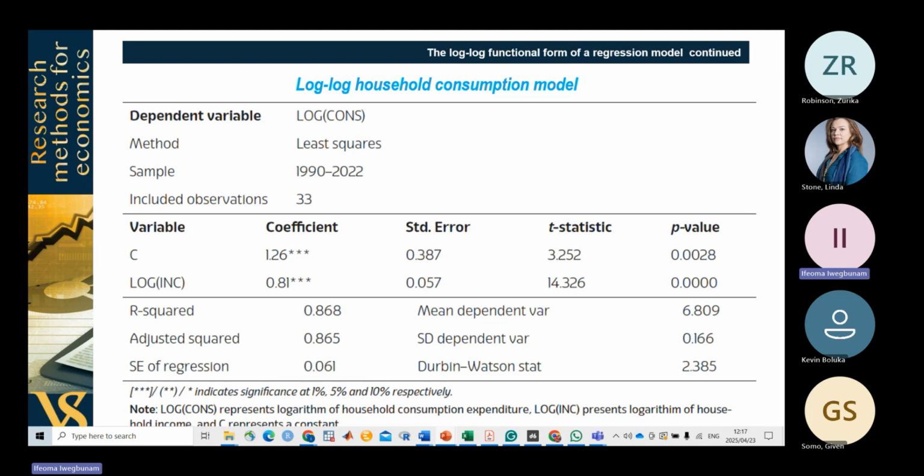You can see that looking at the coefficients, the consumption and also the income, they are highly significant, which shows that there is, first of all, a significant relationship that exists between the variables, and that household income can also impact consumption. The p-value also states the same thing.